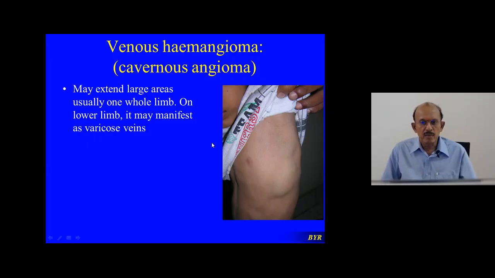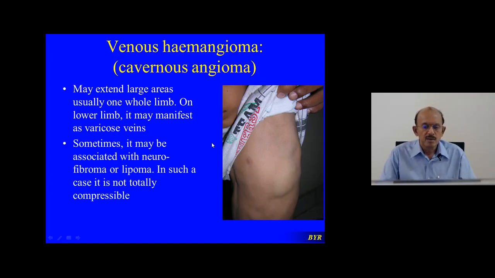On the lower limb, it may manifest as varicose veins. Sometimes it may be associated with neurofibroma or lipoma. In such a case, it is not totally compressible. It doesn't involute. It persists like that, even after 5 years or 7 years.